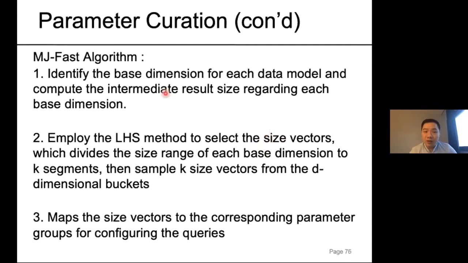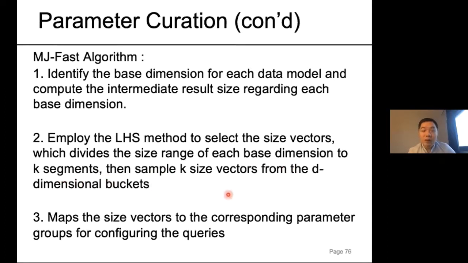So in summary, we propose the MJ-fast algorithm with 3 steps. First of all, it identifies the base dimension for each data model and computes the intermediate result size regarding each base dimension. And then we employ the LHS method to select the size vectors, which divides the size range of each base dimension into k segments.